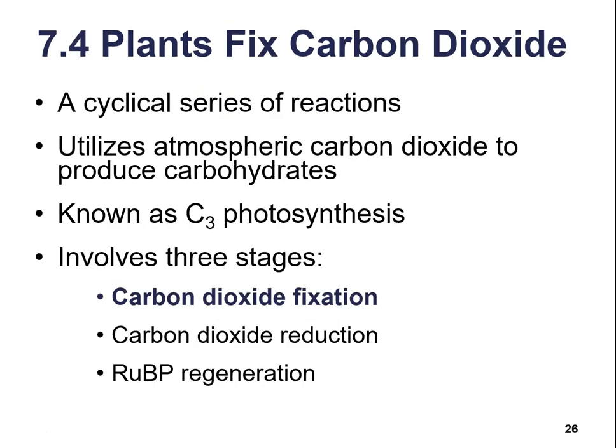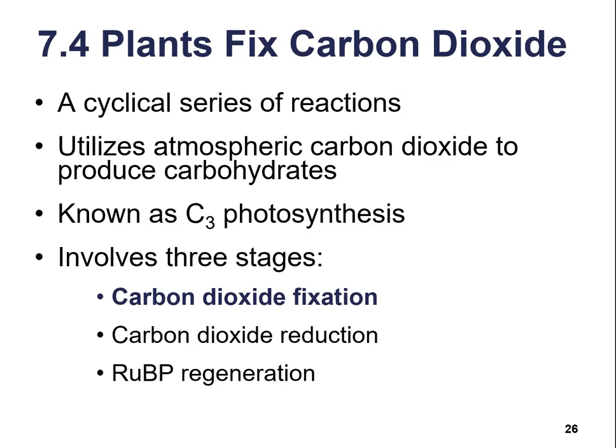All right, so now that brings us to the next part of photosynthesis. Remember, we can divide photosynthesis into two main parts: the light reactions and the Calvin cycle. We just went through the light reactions. The purpose of the light reactions is to produce energy for the Calvin cycle.